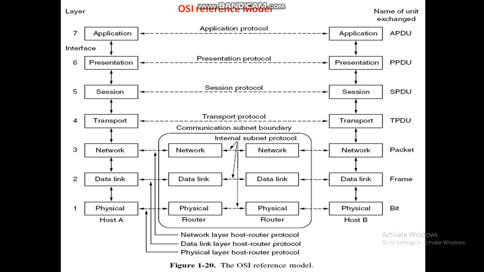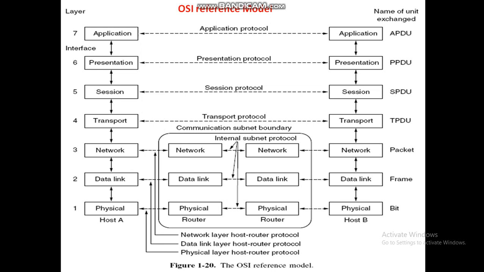There are dotted lines between the application layer at host A and the application layer at host B. What does it mean? There is no direct interaction between the application layers of the sender and the receiver. The information for the destination side application layer is communicated through the underlying layers of the host, that is, through the layers below the application layer, and the direct connection is established only at the physical layer.